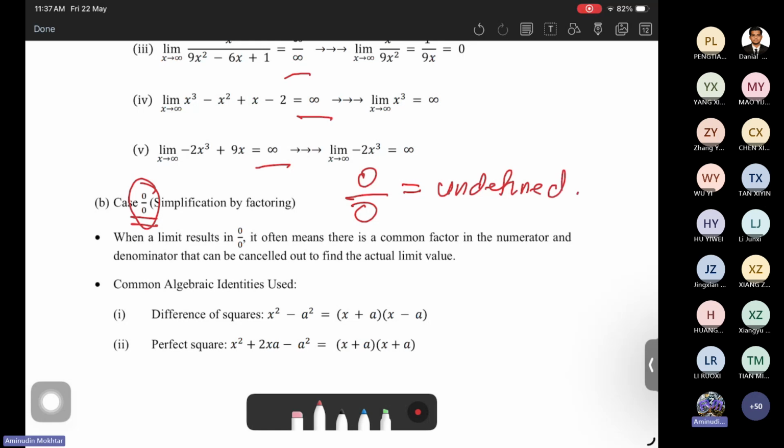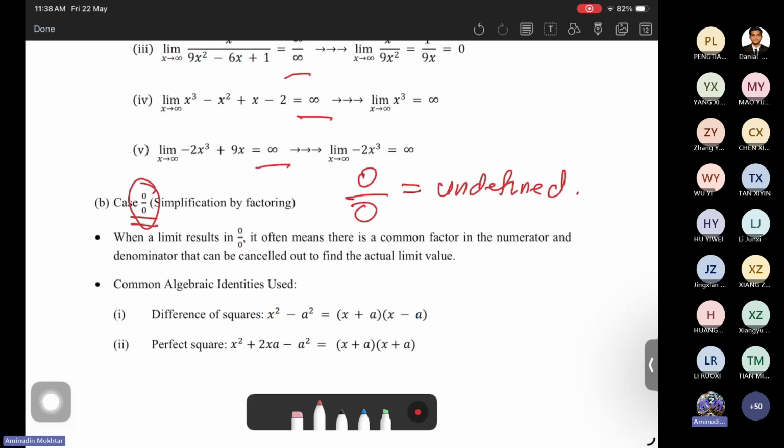When a limit results in this form, 0 divided by 0, it often means that there is a common factor in the numerator and denominator that can be cancelled out to find the actual limit. In other words, when you get this ratio, infinity divided by infinity, that's not the answer. We need to modify the equation. In this case, we need to modify it by factoring the equation.